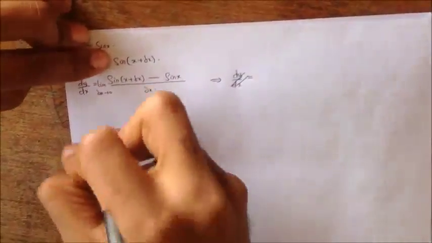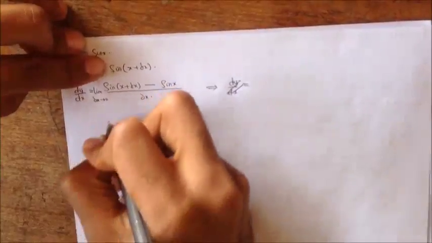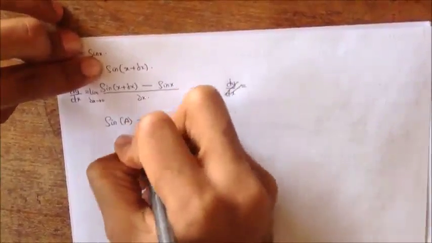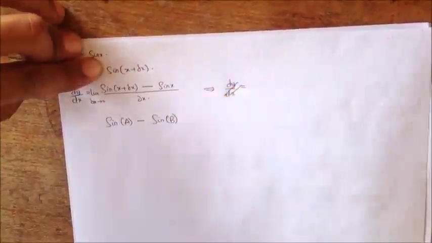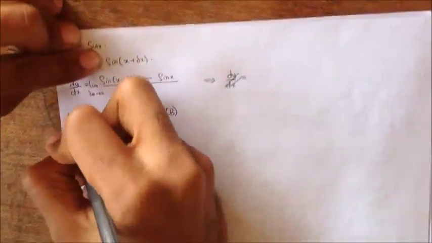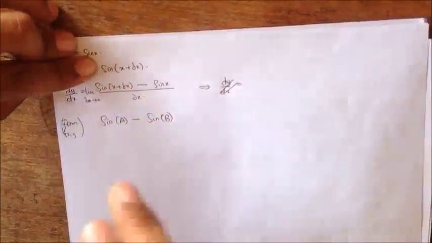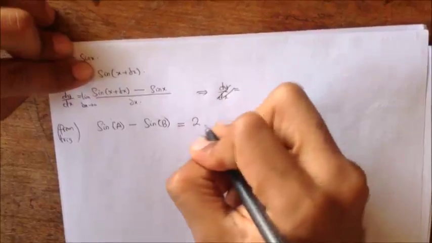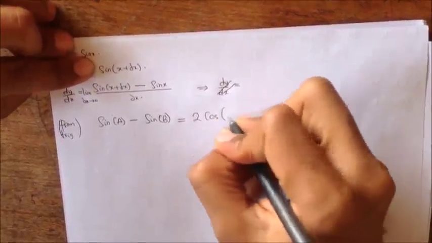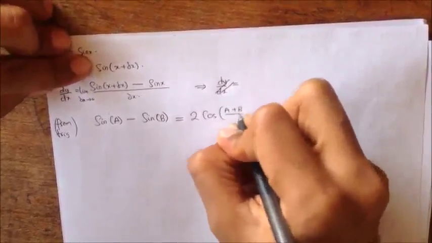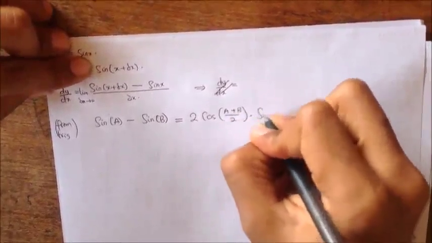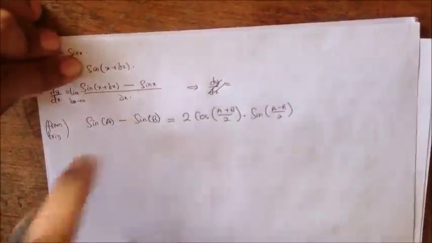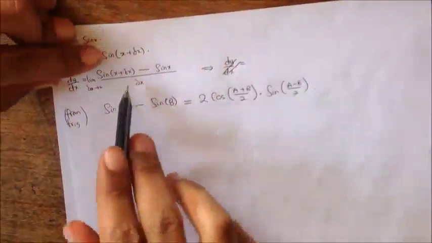From here, I have a trigonometric identity: whenever I have sine of an angle A subtracting sine of an angle B, I can rewrite this as 2 cos of (A plus B) divided by 2, times sine of (A minus B) divided by 2. This is a simplification of this. So we have to use this identity to simplify before we're able to get the answer.